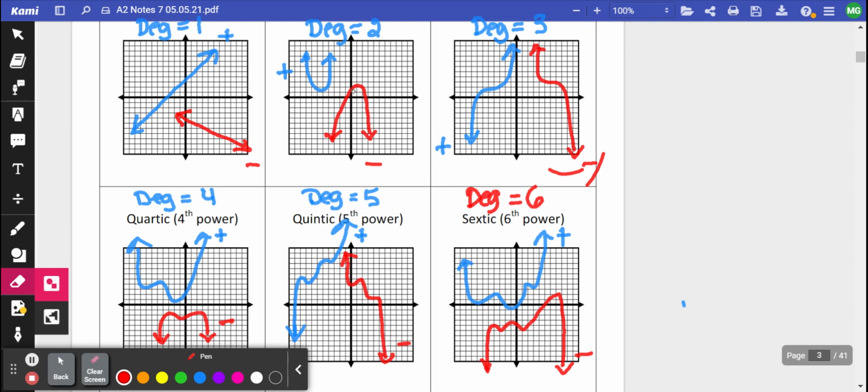If you look at the 2nd, 4th, and 6th degree polynomials, think of the parabola as the easiest one. Both sides either go up or both sides go down. Same thing for a 4th degree polynomial. They're going to infinity or they're going to negative infinity. And same for the 6th degree polynomial.